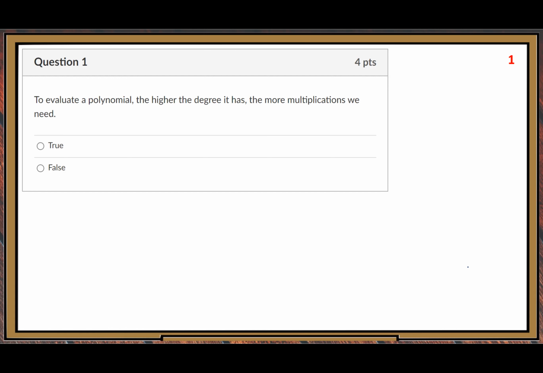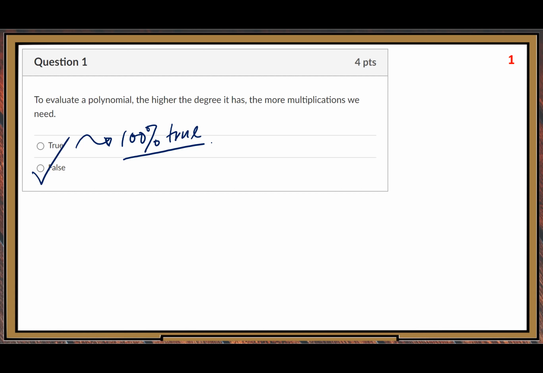When you have a situation like that, we should select false. Because when we select true, it should be 100% true, not most of the time, okay? And we know we can find special cases. This statement is not true, okay?